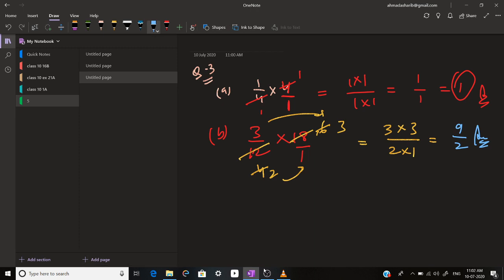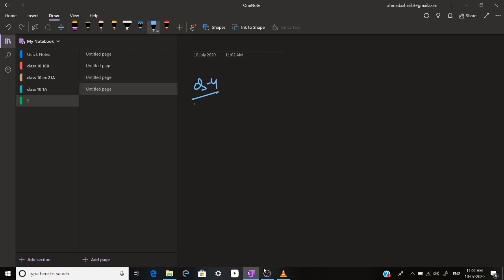Now let me tell you question number 4. Question 4 says, in part A, it says 2 whole 1 upon 2 into 4. Now we have to solve it. First of all, convert this mixed fraction into improper. 2 2s are 4, 4 plus 1 is 5. 5 upon 2 into 4. We will take 1 in denominator of this 4.